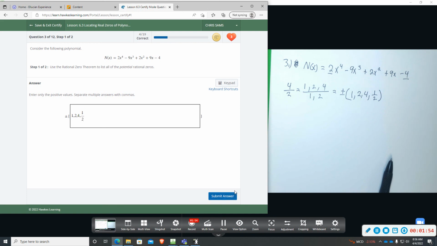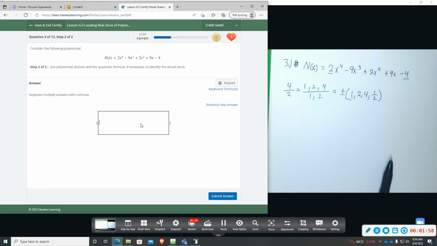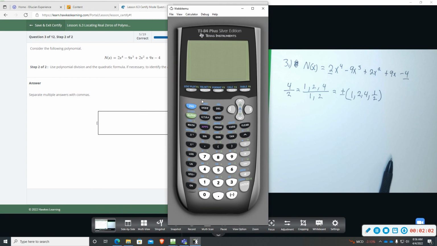So here's our possible zeros list. And then we want to find the actual zeros. And again, I'm going to use the calculator just to speed up the process. We're going to go to y equals. I'm going to clear out what I have.